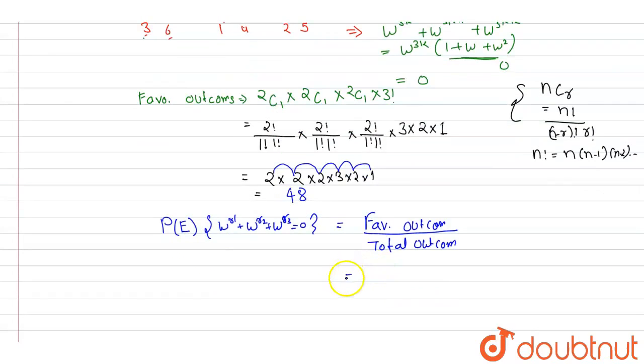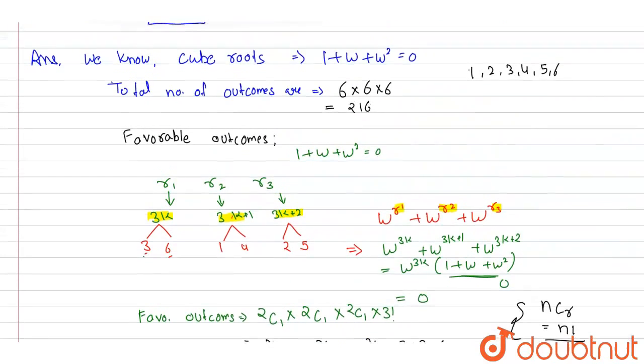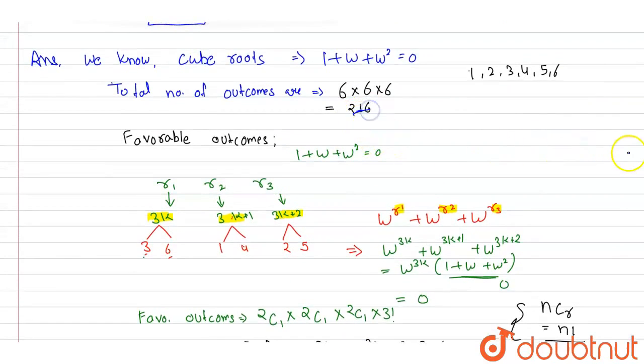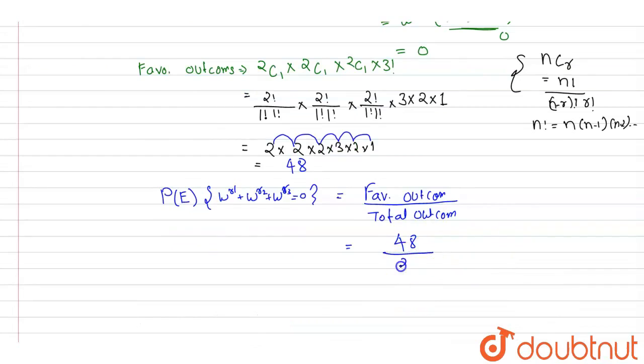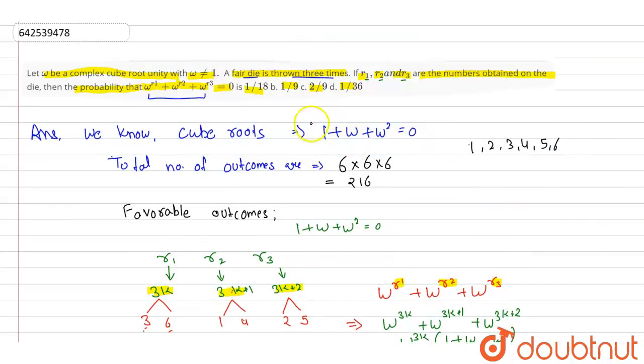On putting the values, favorable outcomes are 48 and total outcomes are 216. 48 upon 216 cancels out by 24. It will come to 2 upon 9. Hence the probability will be 2 by 9, in which the option is C, 2 by 9.